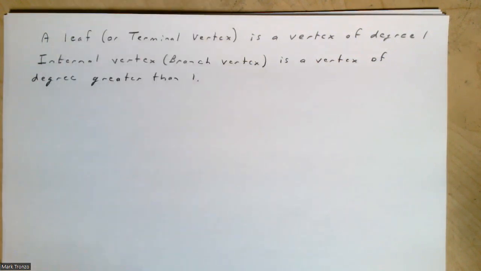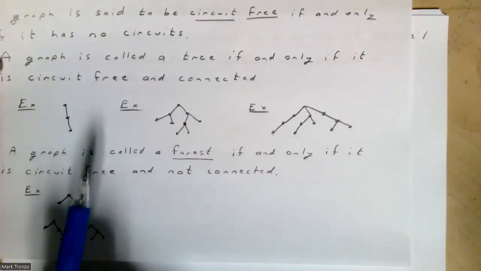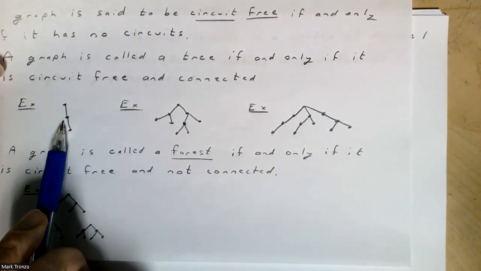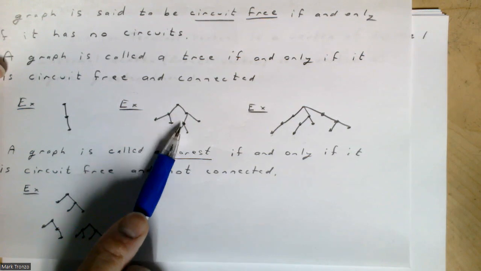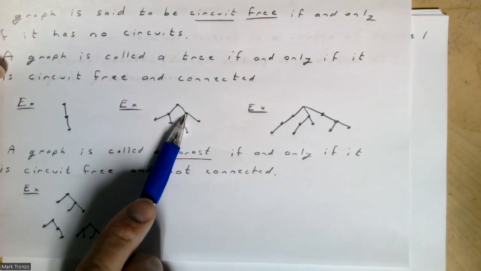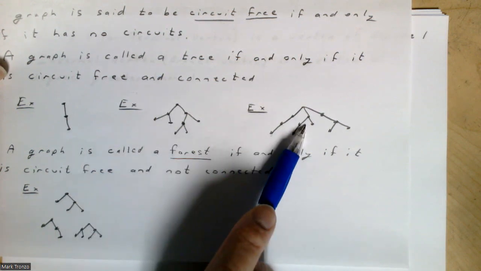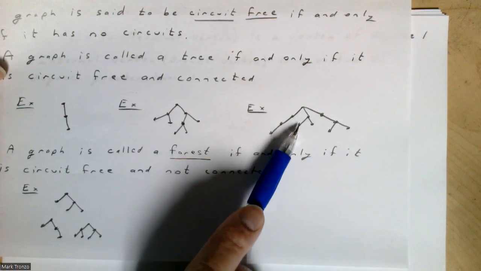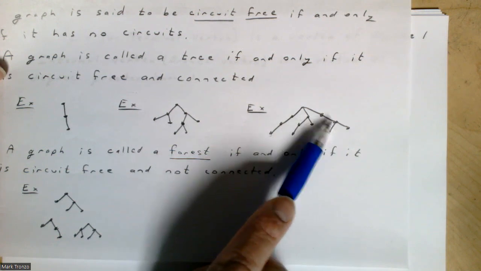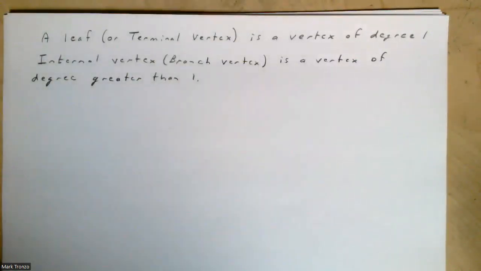So again, that's called an internal vertex. And once again, you can look back at the examples here. Like this is an internal vertex. So is this, this, this, and even this, because they have degree more than 1. Not that one, but this, this, all have degree more than 1.